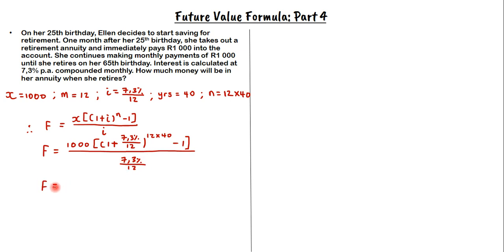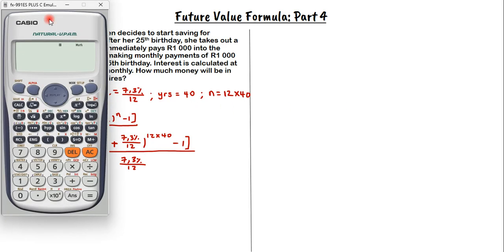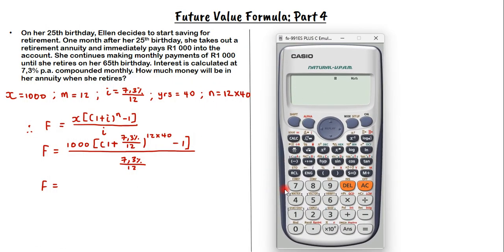Now all we have to do is press this into our calculator and see what we get. We have our 1,000 rand times 1 plus 7.3% divided by 12, raised to the power of 12 times 40, subtract 1, over 7.3% over 12, and this is what we get.